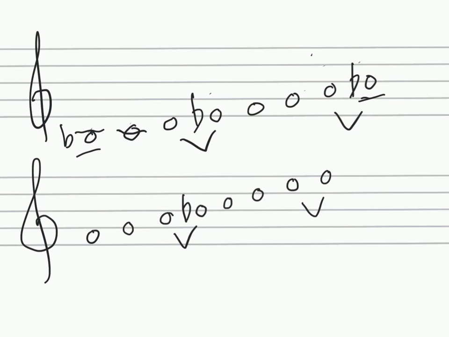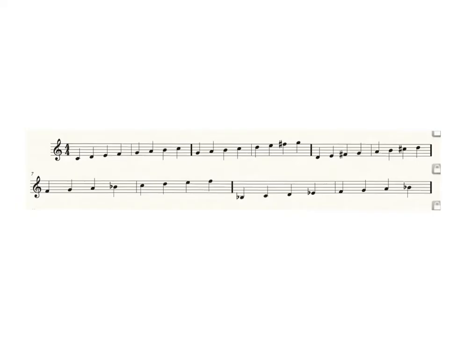Let's look at how all 5 of these scales look together. So here they are. That's the C major scale, that's the G major scale, and that's the D major scale. Here's the F major scale and the B flat major scale.